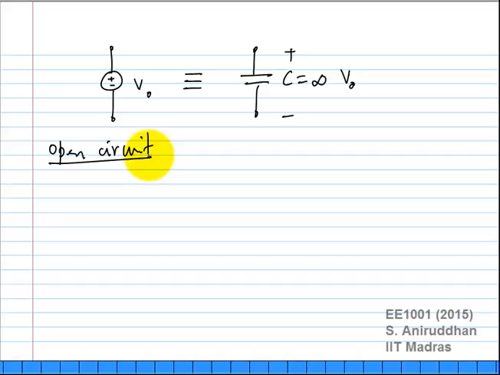The other kind of connection is an open circuit. What is an open circuit? I have two nodes A and B, and there is no connection between them, or infinite resistance between them.